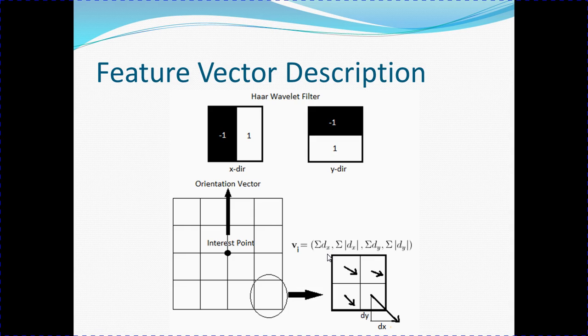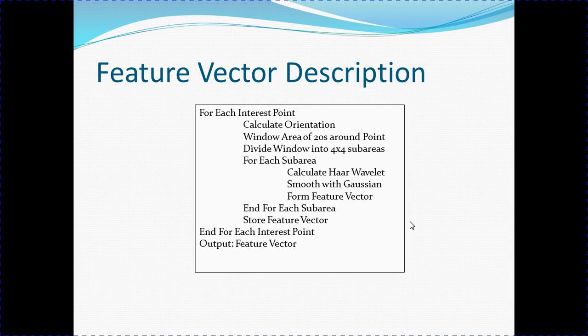Each of these are also normalized to unit magnitude. The feature vector description is robust to illumination and contrast bias, and most of the empirical parameters were determined experimentally. And so here's the pseudocode for the description algorithm.